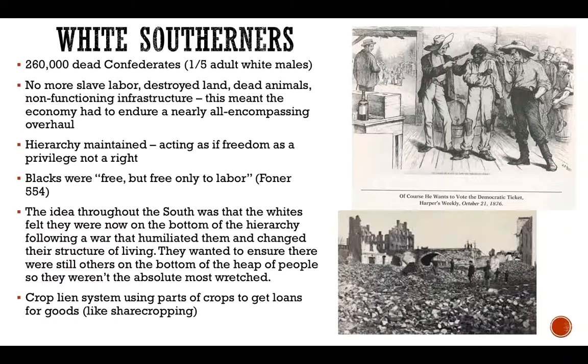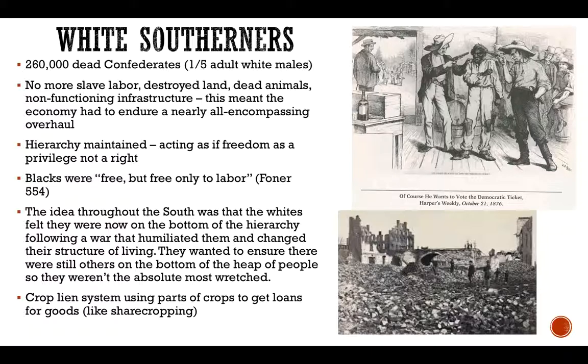The idea throughout the South was that whites felt that they were now on the bottom of the hierarchy following the war, as it had humiliated them and changed their entire structure of living. They wanted to ensure that there were still other people below them on this heap of people, so they wouldn't be considered the worst of the worst.